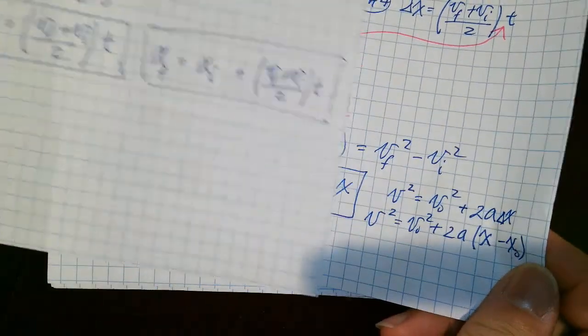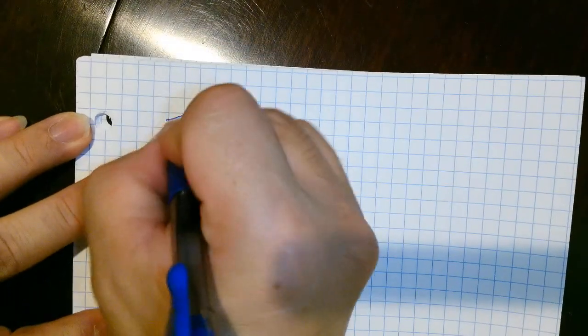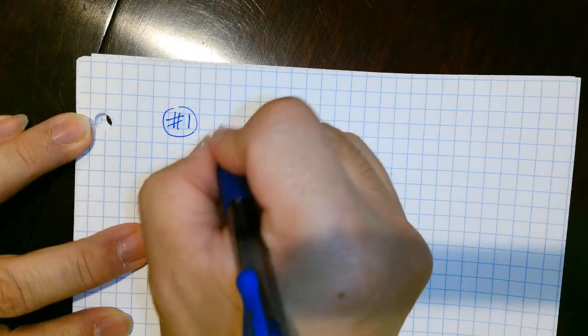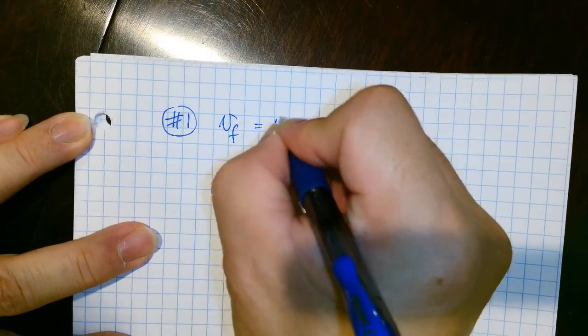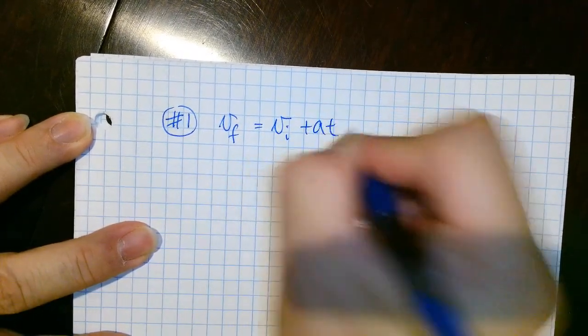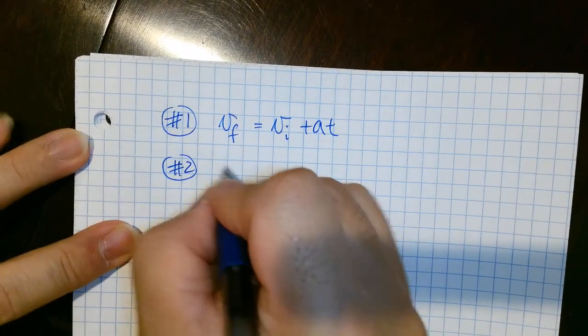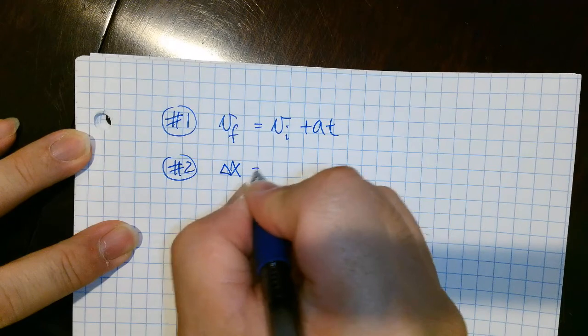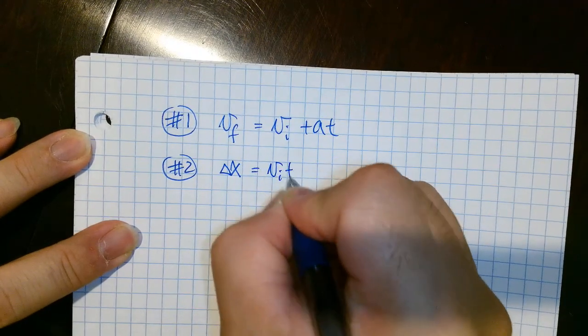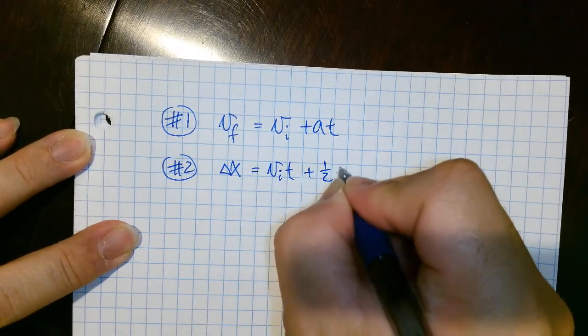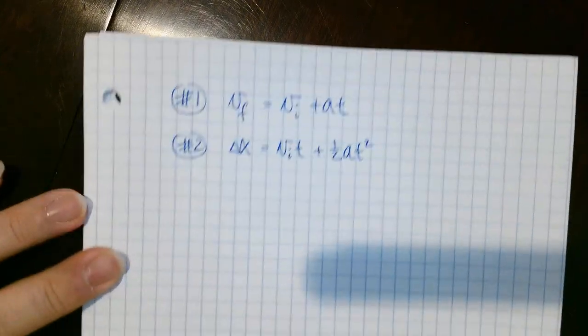So here, we got a bunch of equations. So let's put these together in a nice, concise form. We know 4 equations we just derived. Equation 1, which happens to be VF is equal to VI plus AT. And our second equation was delta X is equal to VIT plus 1/2 AT squared.